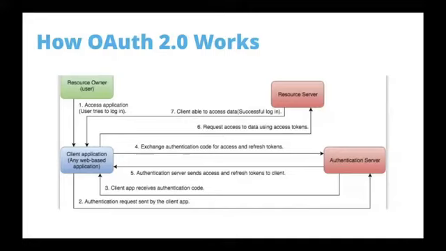And using this refresh and access token, the client approaches the resource server. The resource server validates the request, and based on the access and refresh token, the resource server allows the client to perform the operations on the protected resource.